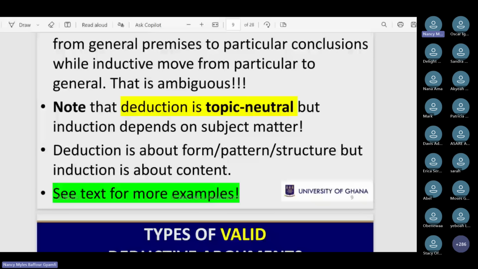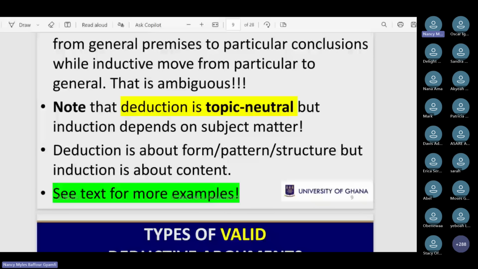So validity is not truth. And when you are doing deduction of all forms, whether ponens, tollens, hypothetical, we are not interested in the subject matter, the content. We are only interested in the pattern, whether you obeyed the pattern of deduction to the letter.